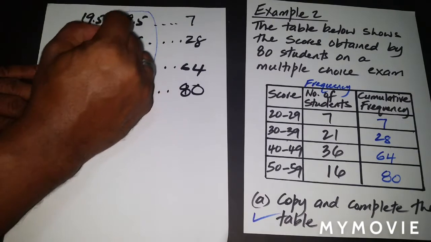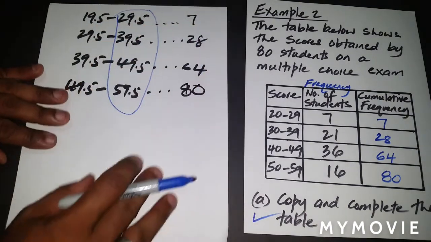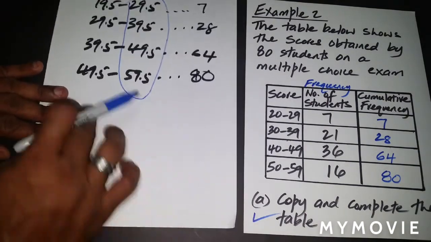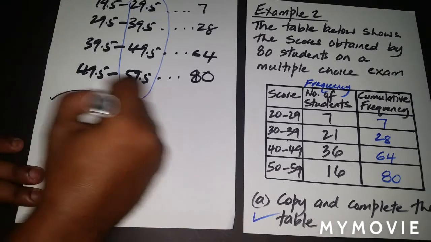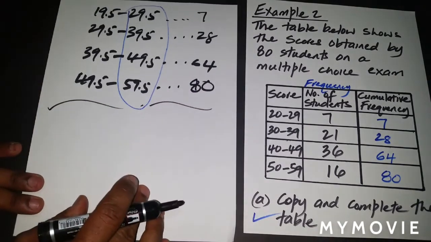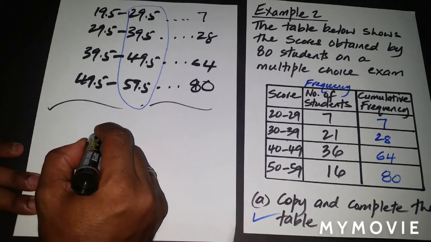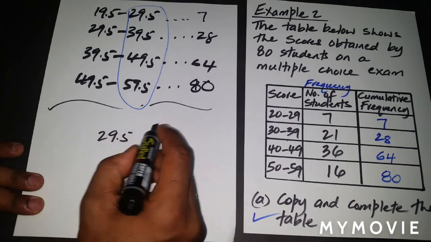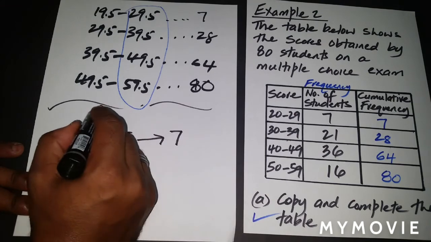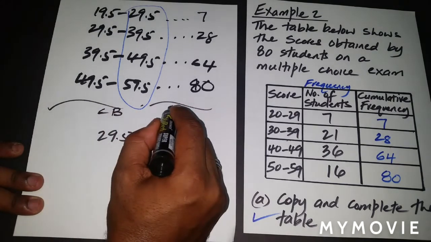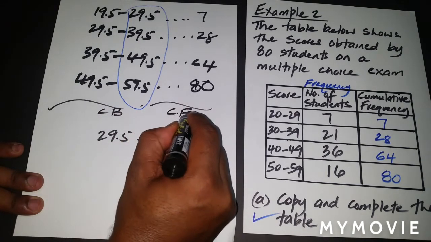All right. So what we have to do now is establish, using the upper class boundary, the specific point. This is what is actually going to map up with these guys here. So I'm just going to set this out clearly so we know what we're plotting against what. Let me draw this line here. What we're going to be plotting is, first of all, 29.5, which is going to map up directly with 7. So remember that this is a class boundary, and this is a cumulative frequency.